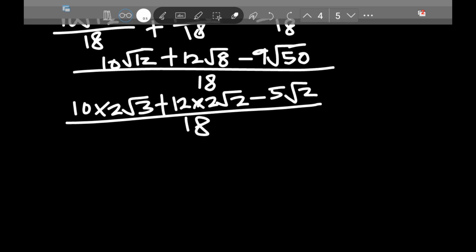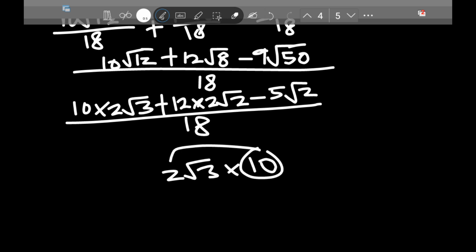At this point, you want to multiply this 10 and 2 together, because you see it as root 2 root 3 times 10. And I said that when you see a number on this side, you need to multiply it with the number behind the square root symbol. So it should give you 20 root 3.